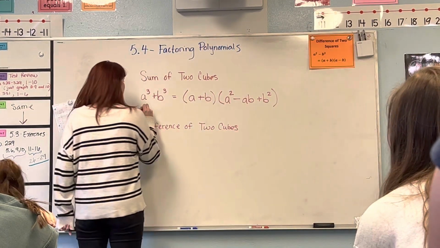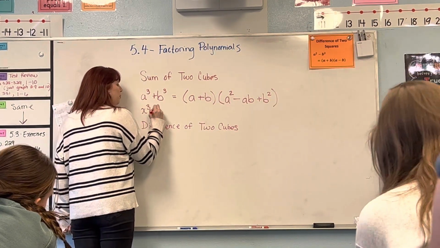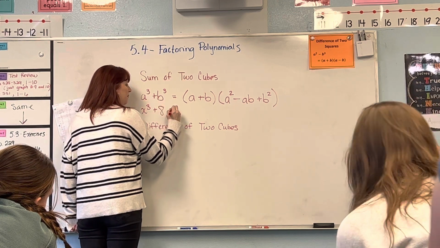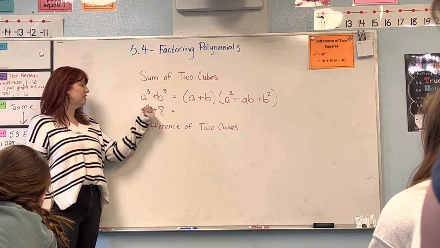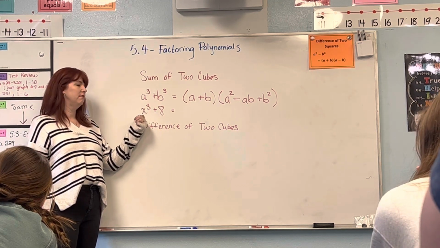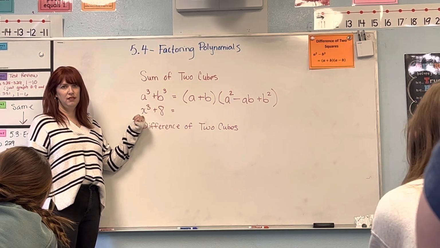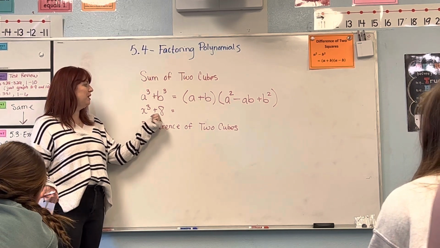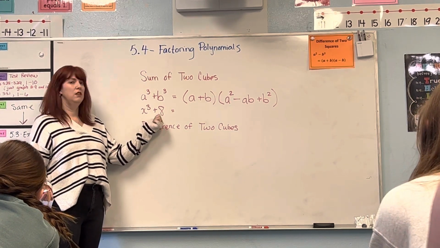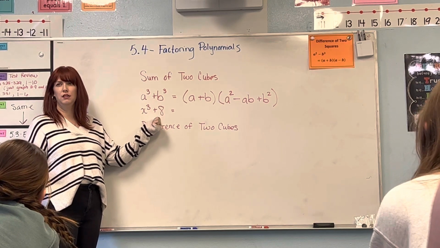So if I have x cubed plus 8, okay? If this is x cubed, what is just a? A is just x, right? If this is b cubed, what is b then? It's 2.